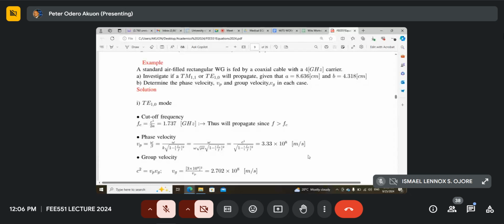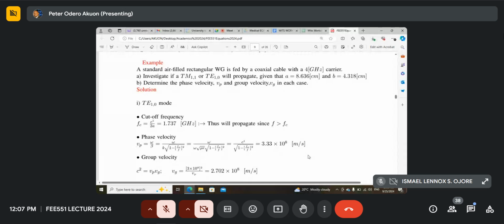And then the group as 7.2 times 10 raised to 7. That's much lower.